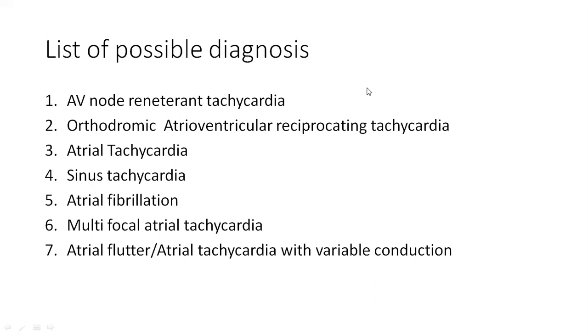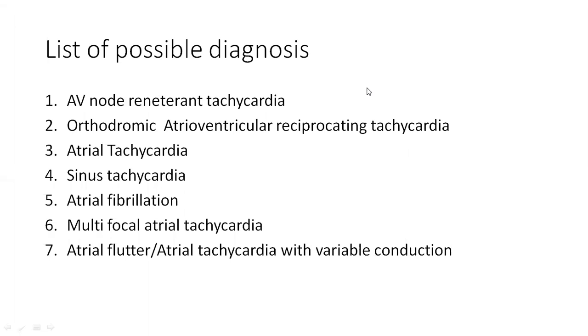So 7 possible differential diagnoses of a narrow complex tachycardia. अब इसमें से कौन सा वाला है? You will have to dig into that big box कि इसमें से क्या है. So it can be AVNRT, AVRT, atrial tachycardia, sinus tachycardia, flutter, fibrillation, MAT.